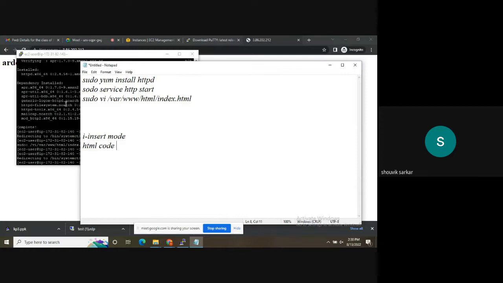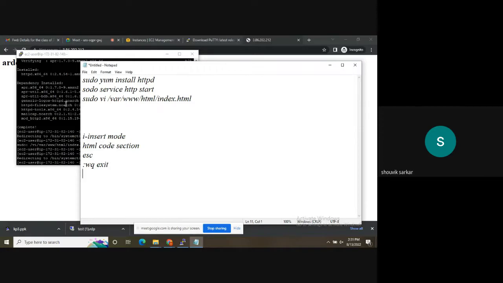Next we go with the escape command. Now we need to write colon wq and press enter.